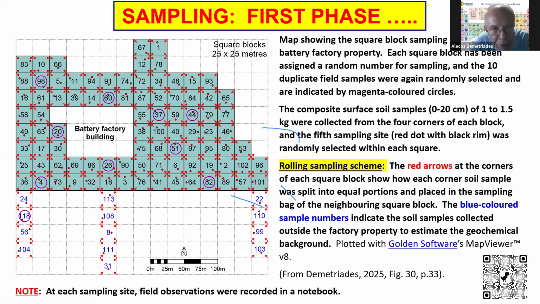So each sample from each sampling point was subdivided into 4 equal parts. And so this sample here, for example, number 100, was made up from portions of the sample site at the corners and the random site within the square.